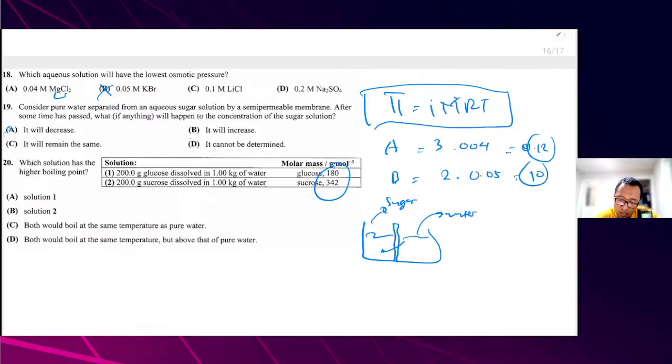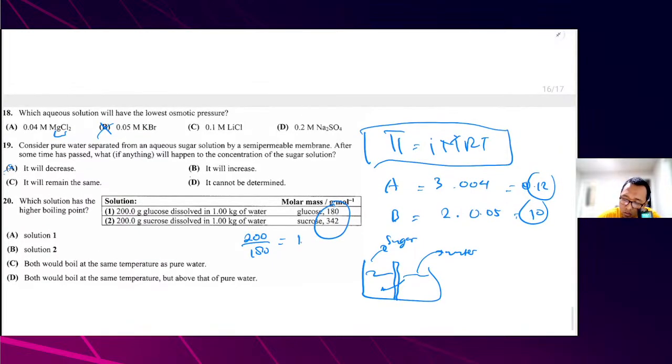So 200 divided by 180 is 1.11 mole, and 200 divided by 342 is 0.5 mole. Which one has the higher mole? So solution one will have the higher boiling point.